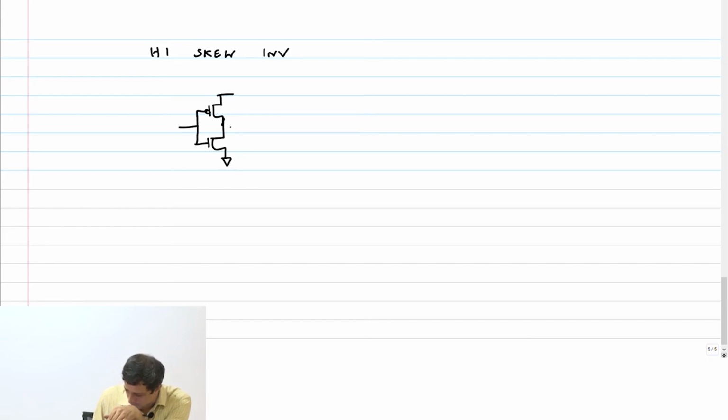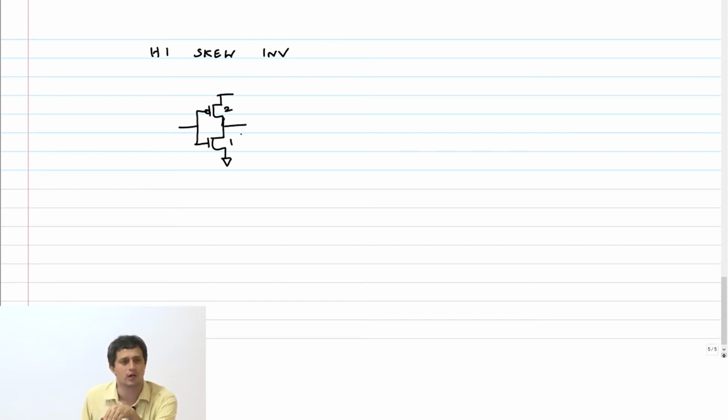High skew inverter. So this is my reference static CMOS inverter.